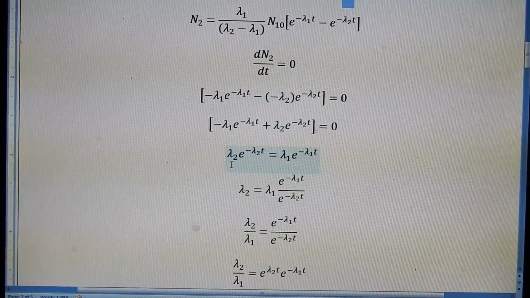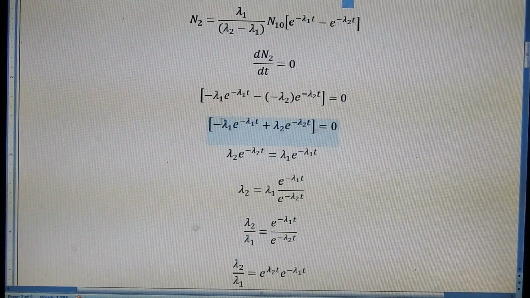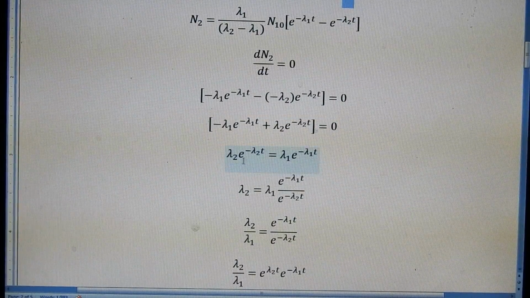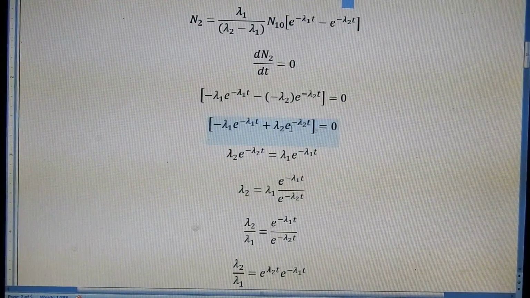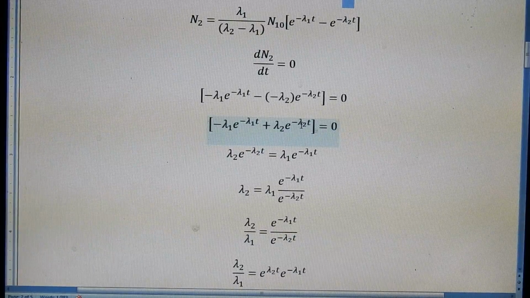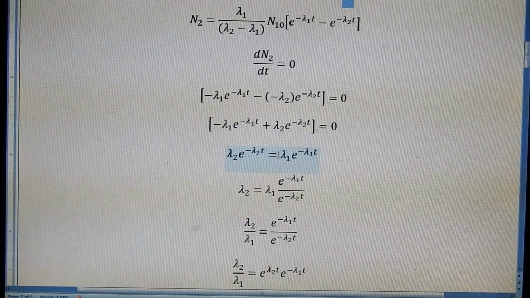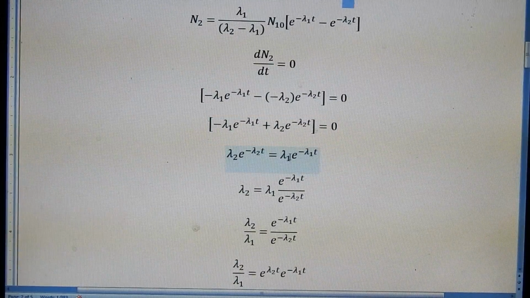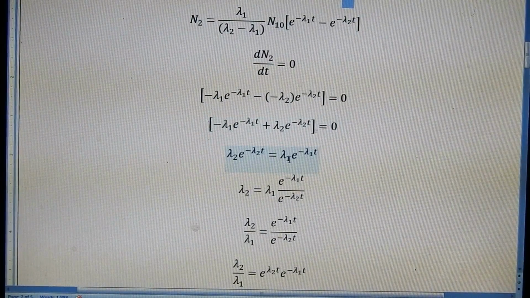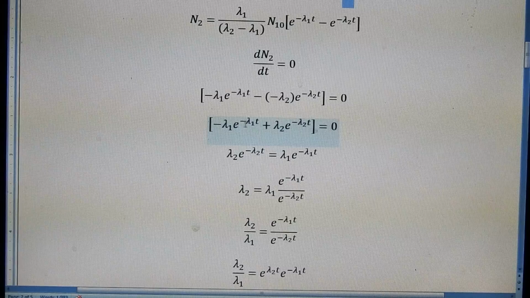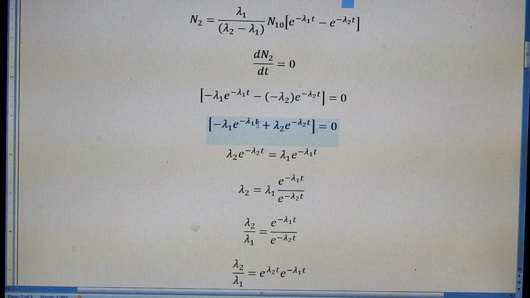Now we send this term to the other side. Then lambda 2 e power of minus lambda 2t is equal to lambda 1 e power of minus lambda 1t.